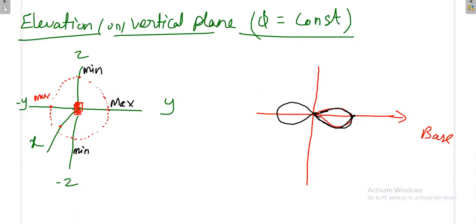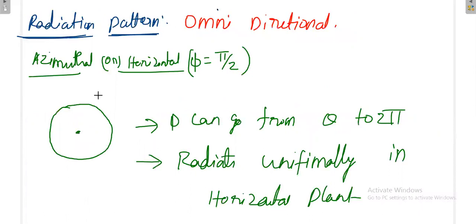That means first, what you have to do, you rotate this in all possible ways you want. Once you rotate this, you will form a sphere, because you are having a circle. Once you make 2 pi rotation, then finally you will get a sphere.